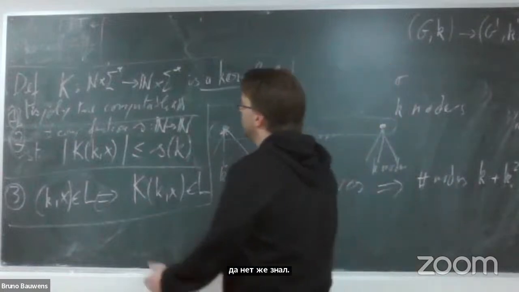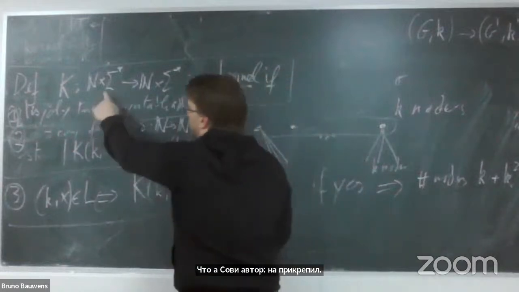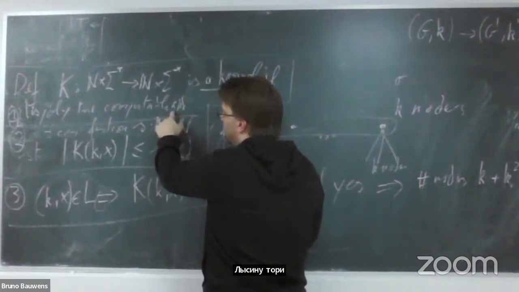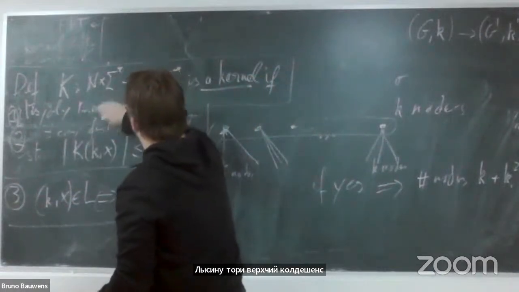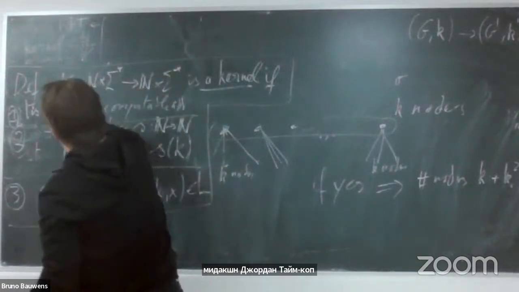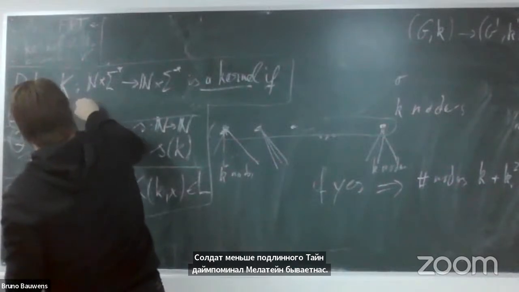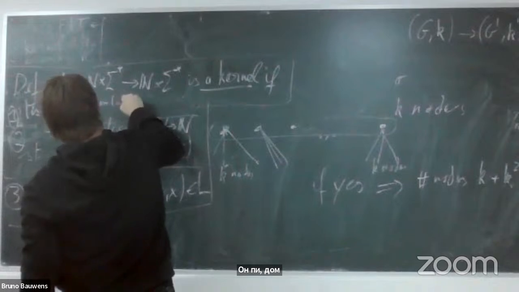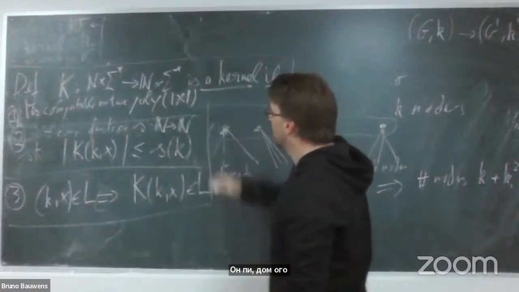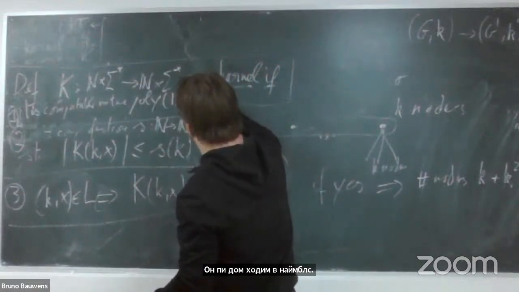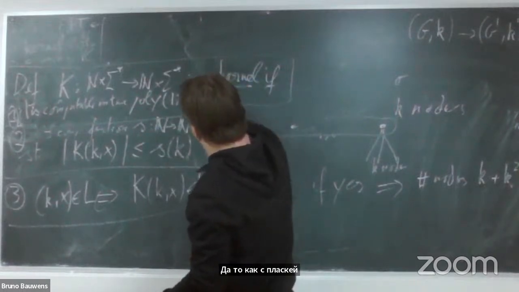So after mapping to the new instance, we have three conditions. The reduction should run in polynomial time in the size of the input, computable in time polynomial in only the length of x. In the books they actually write length of x plus k, but I will be lazy and just write the time in x.